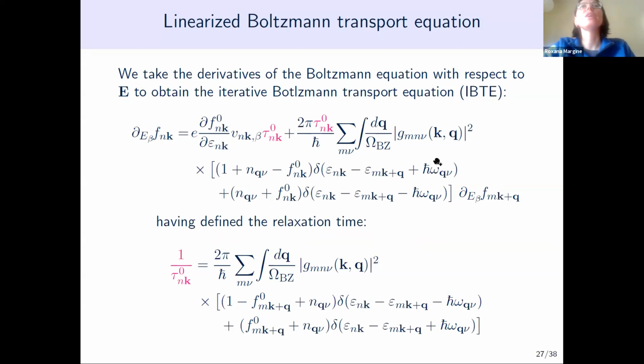Since we have here f_nk, but on this side you can see that we have f_mk+q, this equation needs to be solved iteratively, self-consistently. So we can imagine that it's quite expensive, and its solution will give us the linear response coefficients, which are needed to calculate the electron mobility.